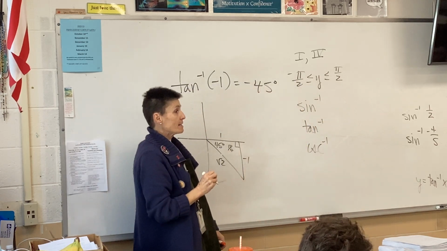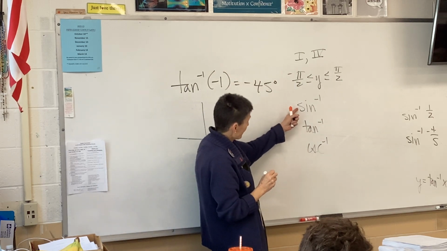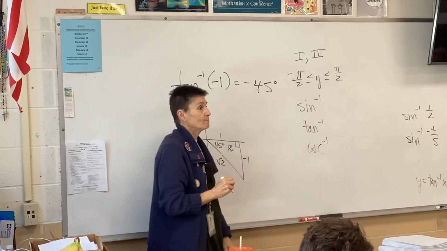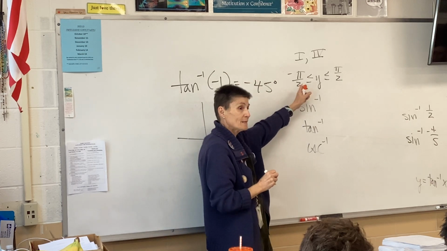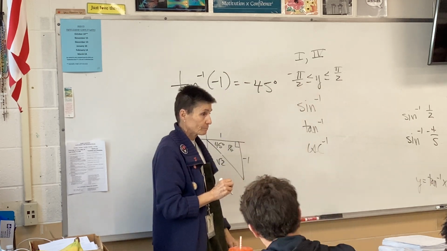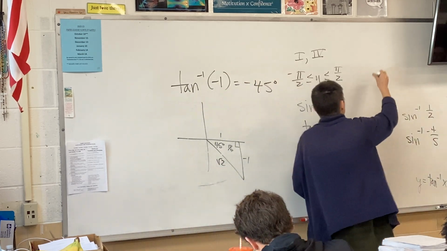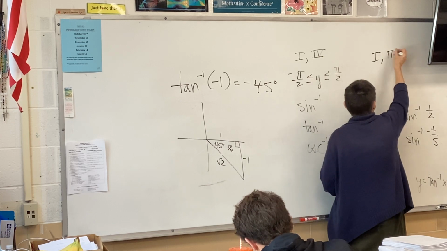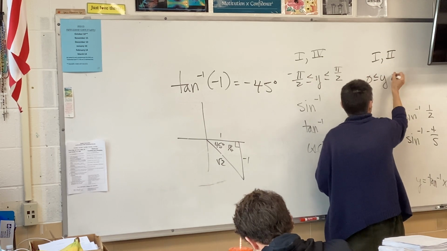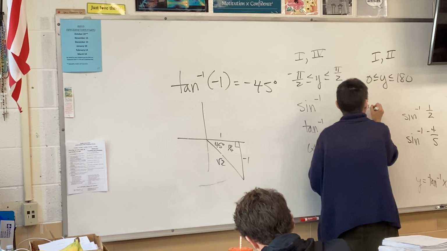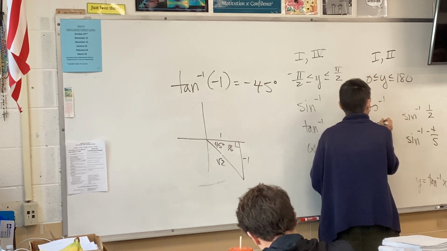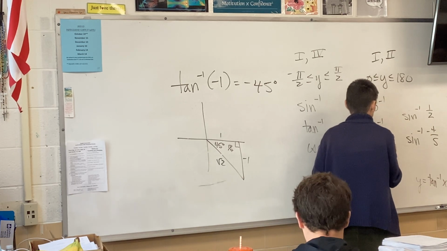So any inverse that's sine, tangent, or cosecant, you are going to answer between negative 90 and 90. Any of the rest of them are going to be in quadrants 1 and 2.